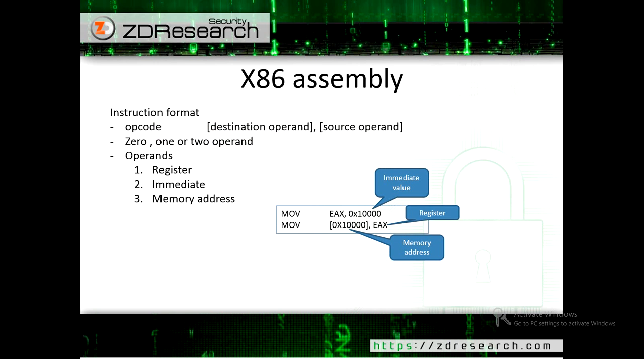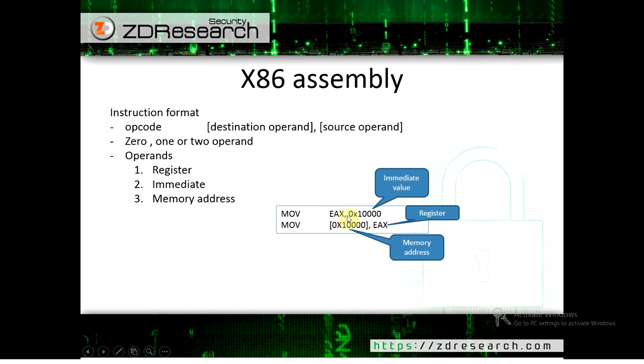There are three kinds of operands for assembly instructions: register operands, immediate values, and memory addresses. Registers are previously defined and used by their names, for example, the EAX register, the ECX register. Here you can see a source operand as a register, and here you can see a destination operand as the EAX register.